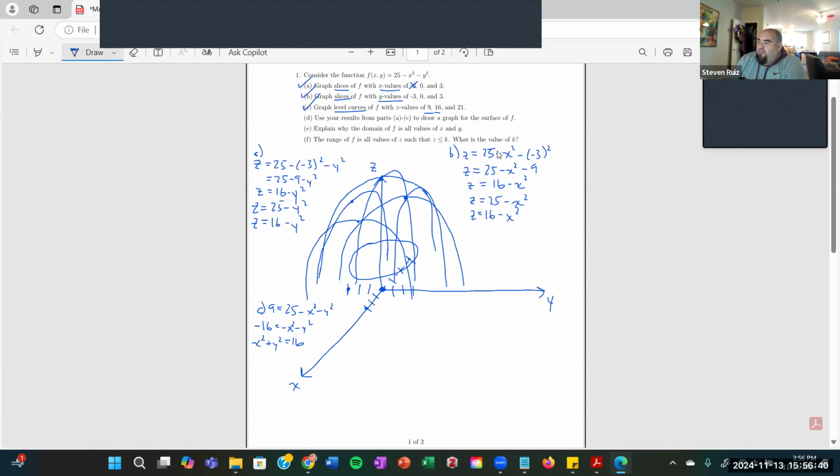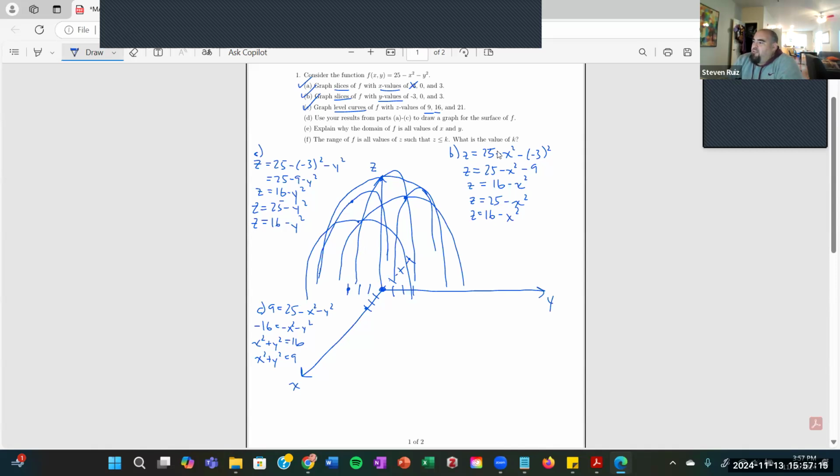So if I set up another one like that, I think by symmetry, that's going to be x squared plus y squared equals 9. So when z is equal to 16, I should have a circle of radius 3.